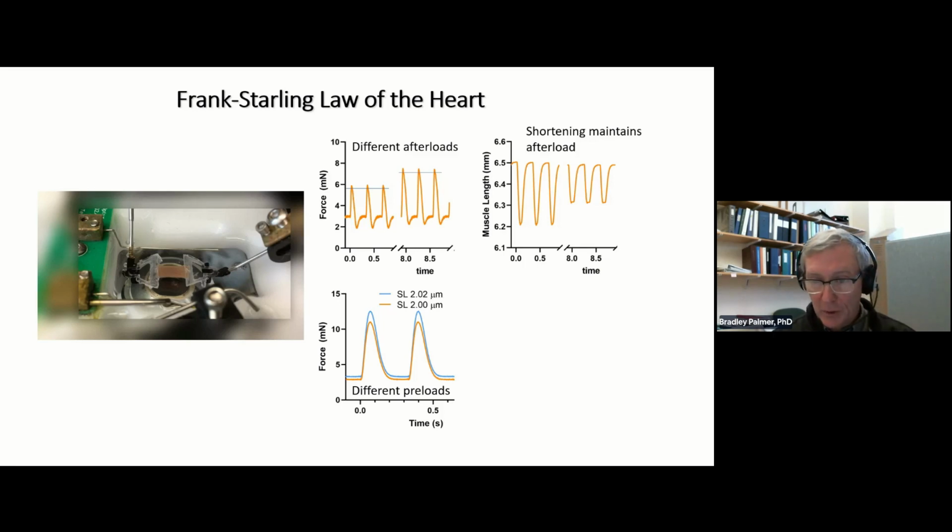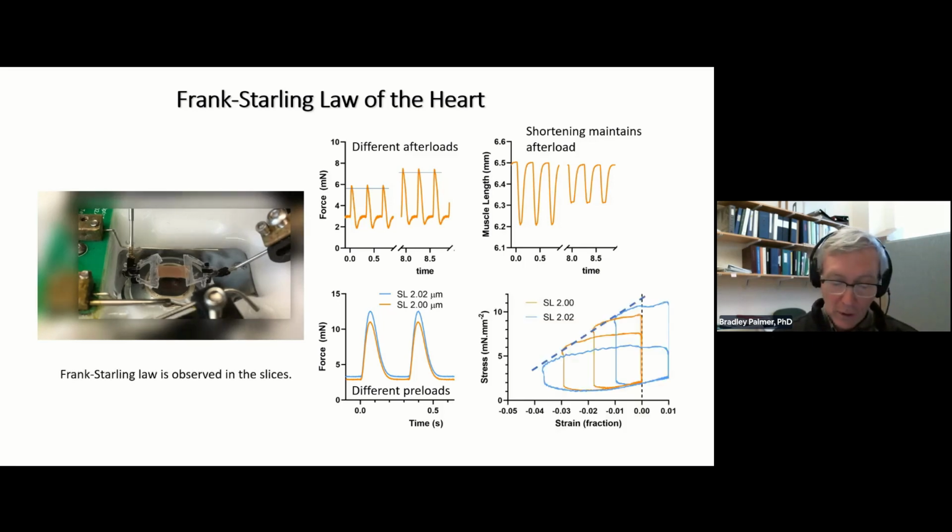And then finally, in the bottom right panel, we can show the force length relationship for the various preloads and various afterloads. We typically normalize these measures to muscle length and cross-sectional area to relate stress and strain. And we can calculate the end systolic stress-strain relationship, which indicates the intrinsic contractility of the cardiac slice.